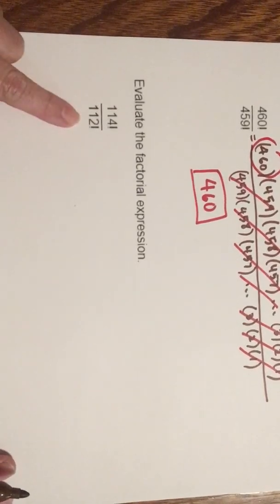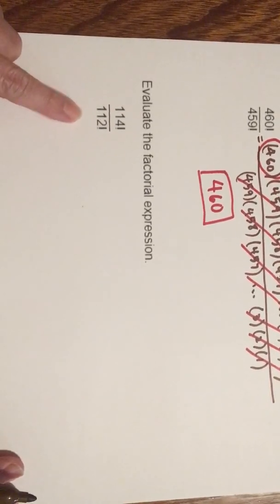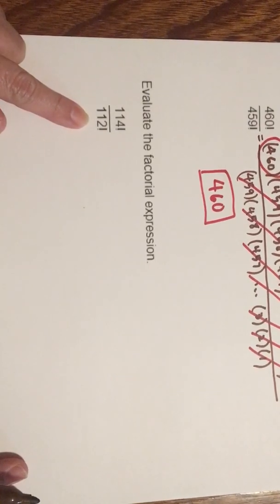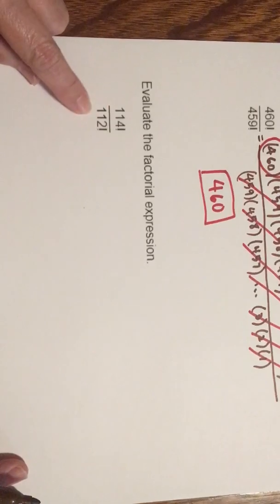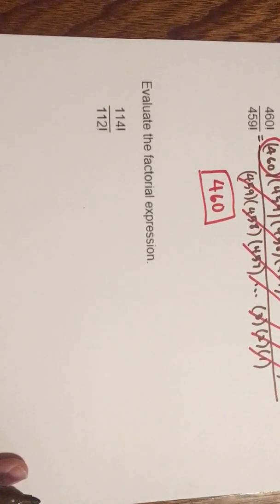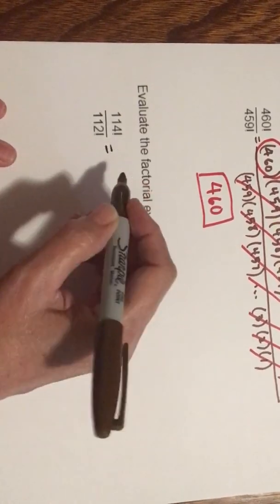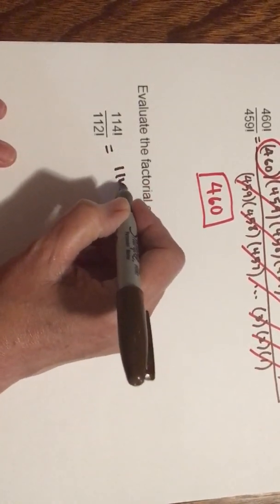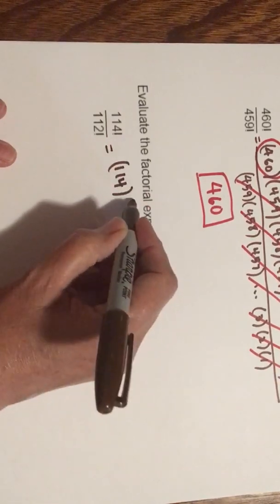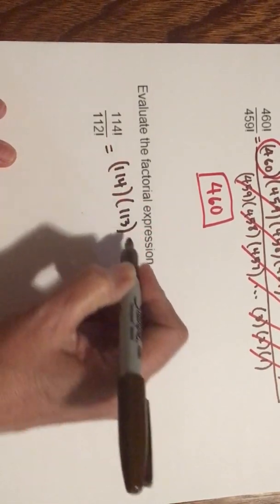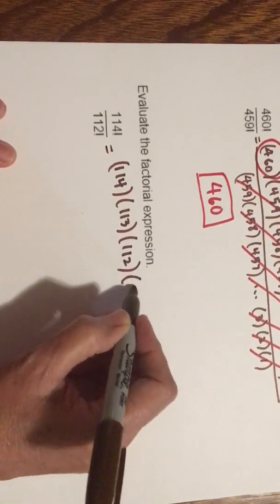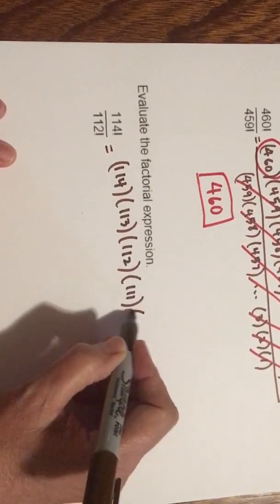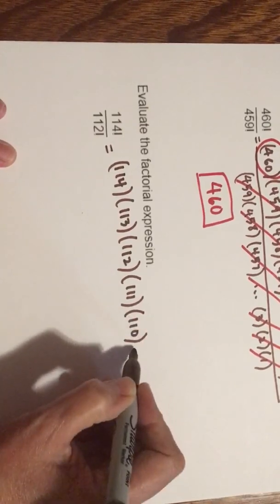Now for the next problem, similar, I have: evaluate the factorial expression. I have 114 factorial divided by 112 factorial. So, like I did on the last problem, I'm going to write out a few of the numbers. I'll have 114 times 113 times 112 times 111 times 110.